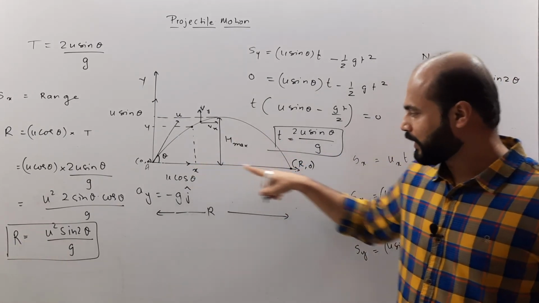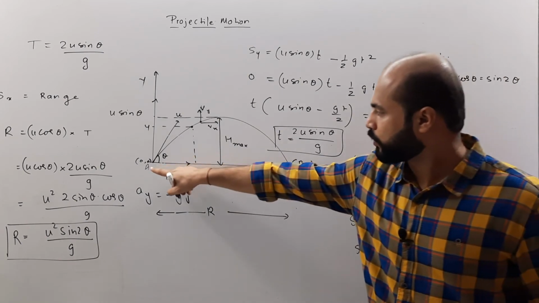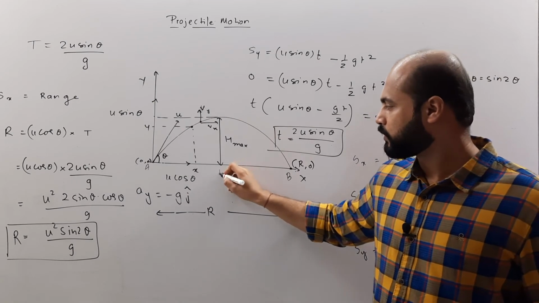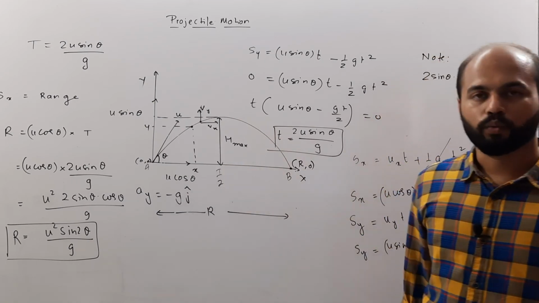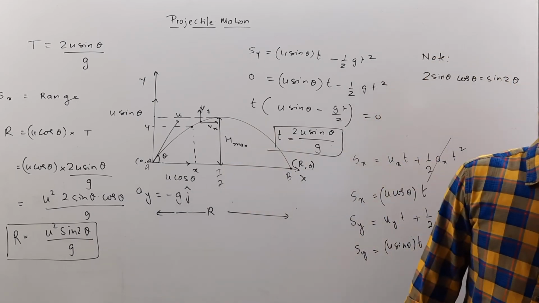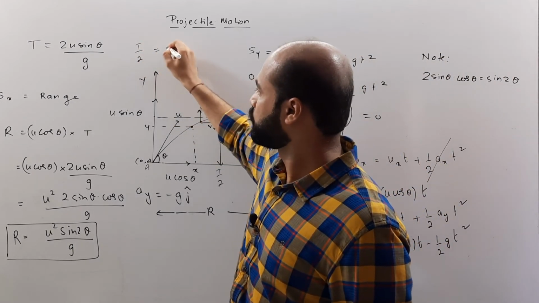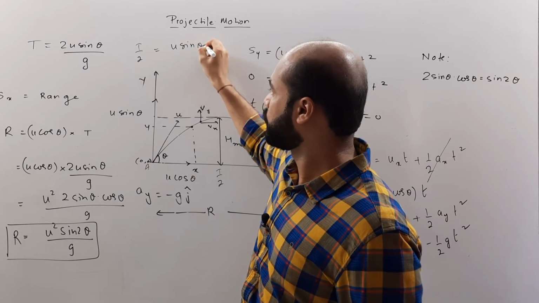So if this takes 10 seconds, to reach this point it will take 5 seconds, half the time. So we are interested in t by 2. t by 2 definitely becomes u sin theta by g.